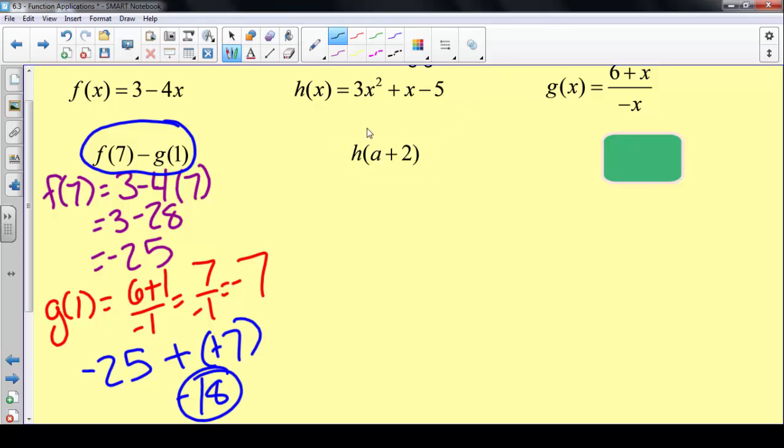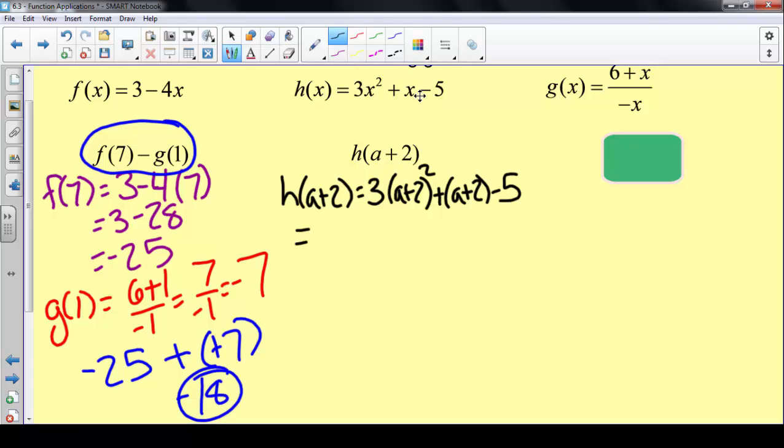So now this one, notice we've got a variable in here, a plus 2. It's still going to work the same way. Everywhere we saw an x up here, we're going to just replace it with a plus 2. And in order of operations, we got to distribute this binomial to itself.